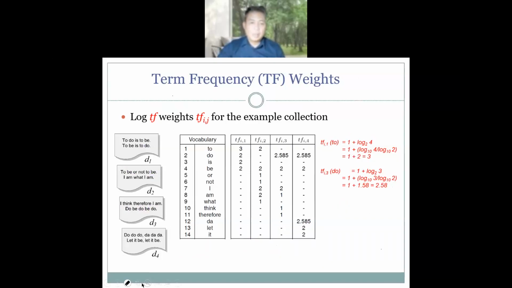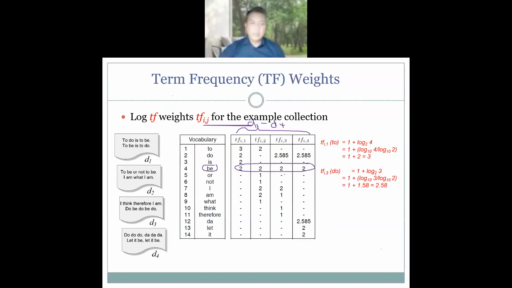So basically what we have in this table is the weightage of all the terms that we have in all of the documents. This is document 1 up to document 4. As you can see, this particular word exists in all of these documents.